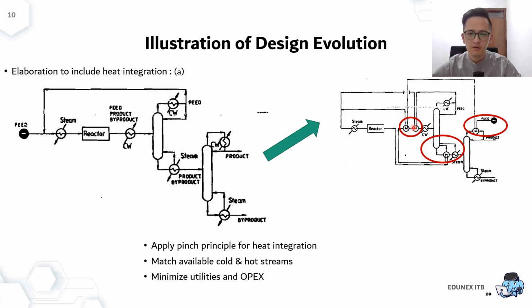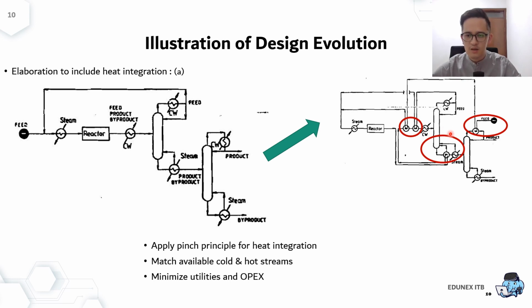For example, the first option, now the feed is first preheated using the condenser duty of the distillation column, and then again preheated using the hot product from the reactor. In that case, your steam requirement before the reactor will be much lower. And then after it exits from the reactor, the hot stream is sent to the reboiler of the first distillation column.